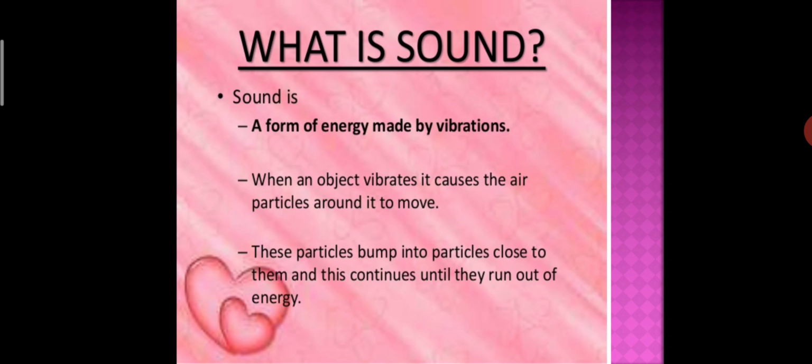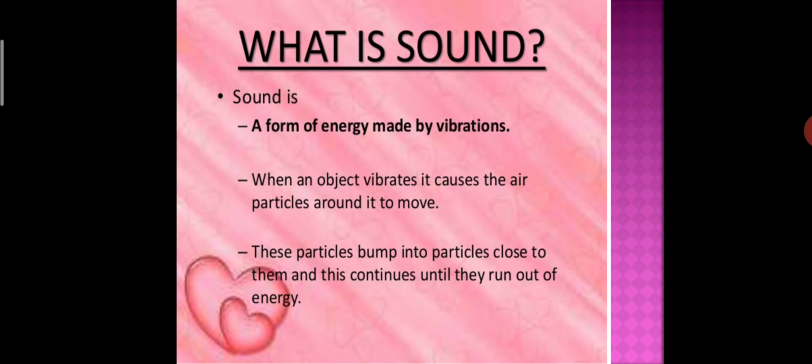We are going to discuss, first of all, what is sound. Sound is a form of energy made by vibrations. We all know that if any object produces sound, it also produces some vibrations. So it is a form of energy made by vibrations.